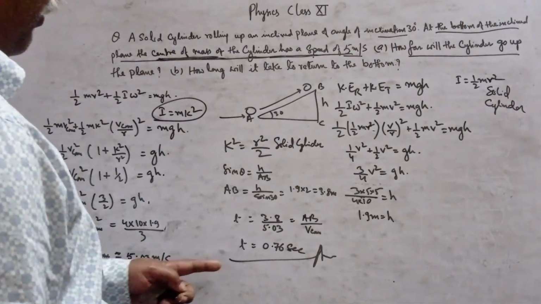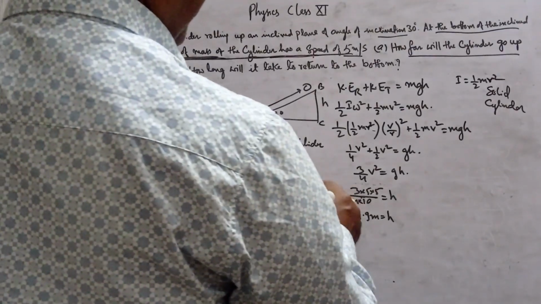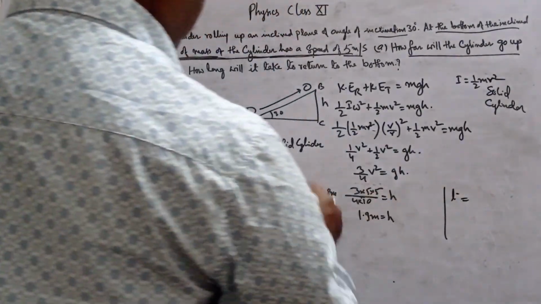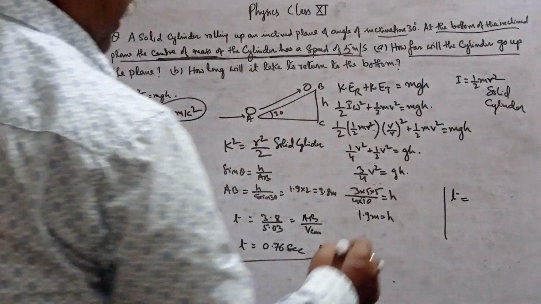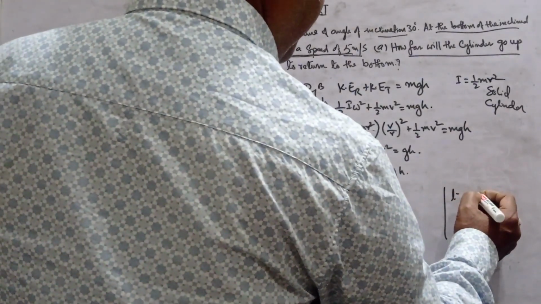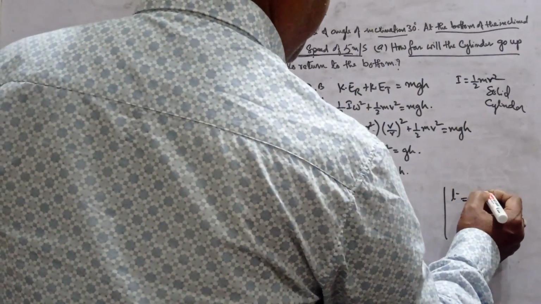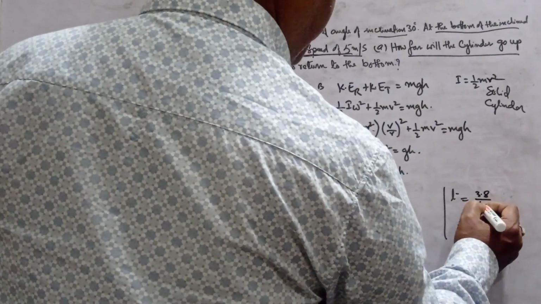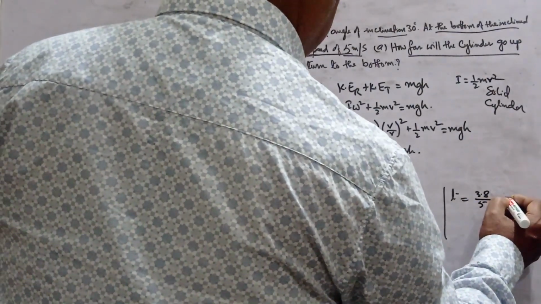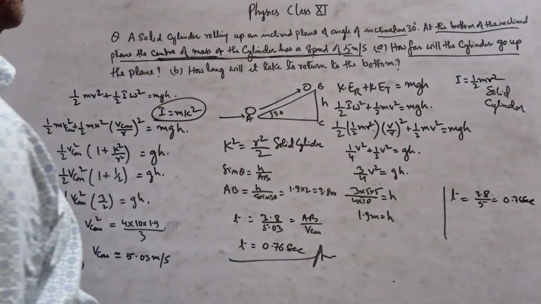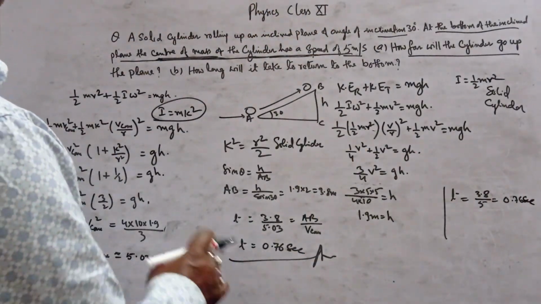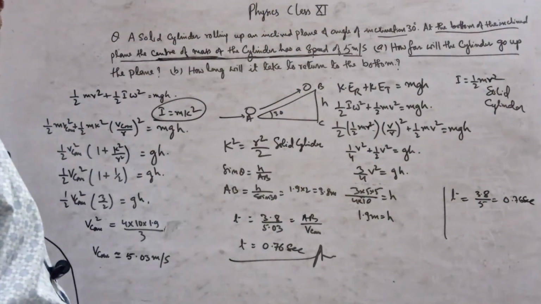One important point: if you check the time taken to move upward, AB, which is 3.8, divided by 5, you get the same result, 0.76 second. This is very interesting: when it goes up, it takes the same time.